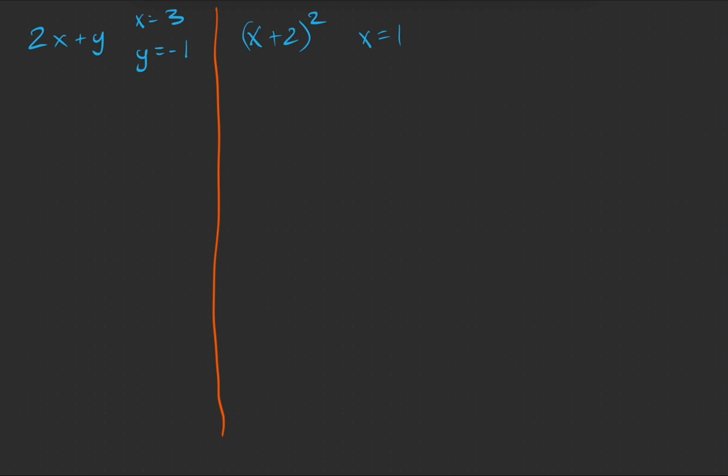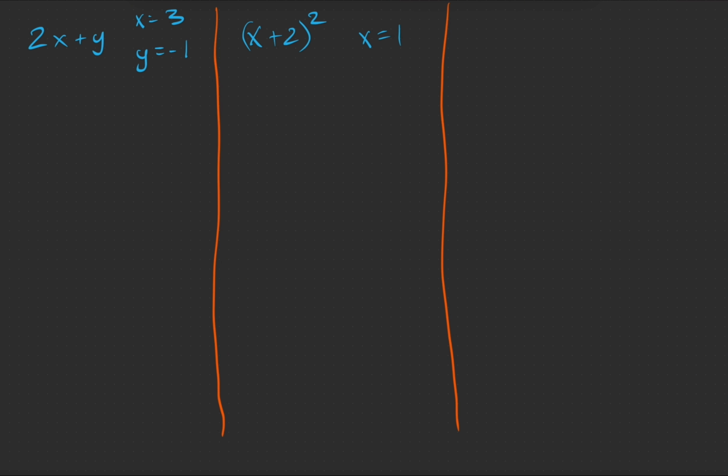All right, for the next 3 problems, let's write those down. We're going to do 2x plus y when x equals 3, y equals negative 1. Then we're going to do x plus 2 squared, where x is equal to 1.